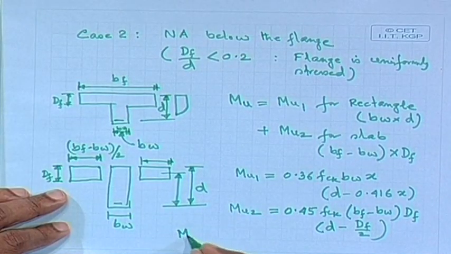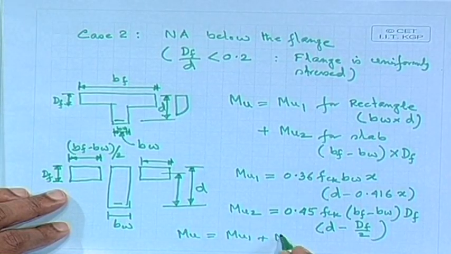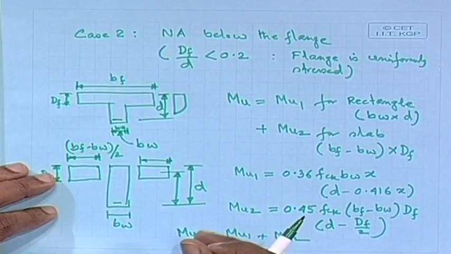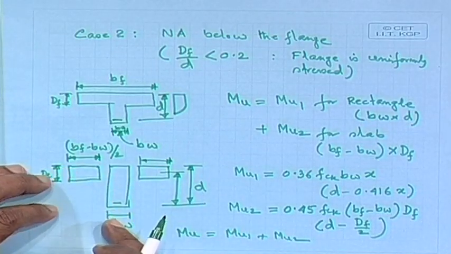So, Mu will equal Mu1 plus Mu2. This is your case 2. So, case 1 is the simple rectangular section, case 2 has two parts, one the uniformly stressed flange part and the web, which is nothing but the rectangular portion.